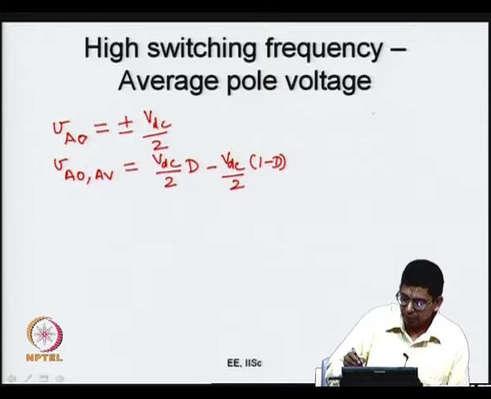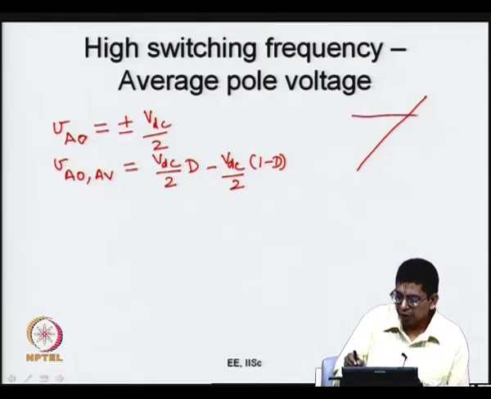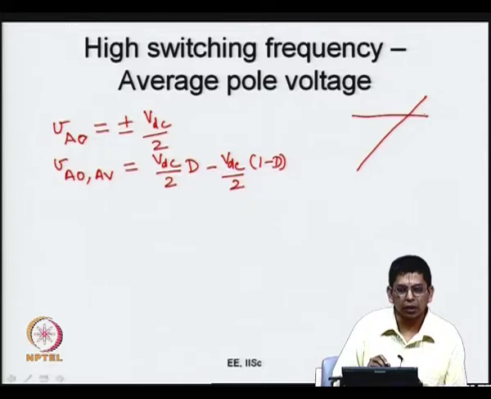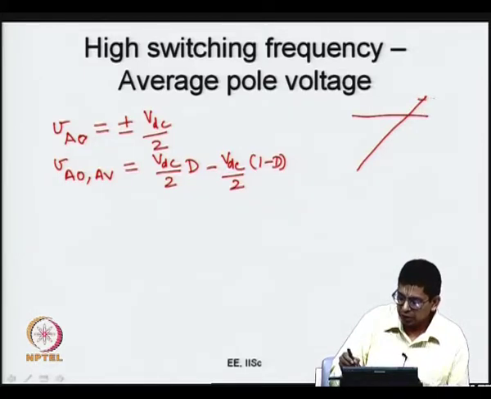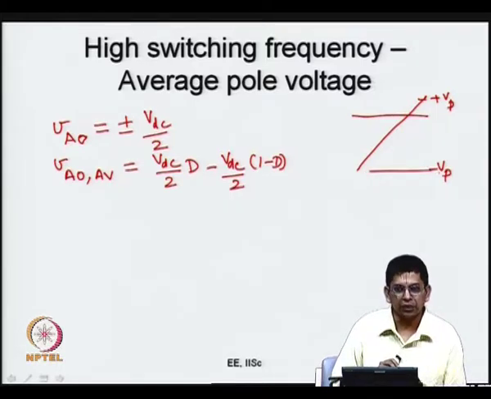For example, let us say you consider a half carrier cycle. This is one half carrier cycle. I have drawn the carrier waveform here, and this is your modulating signal. Let me call this plus Vp and this minus Vp. These are the positive and the negative peaks of the carrier.